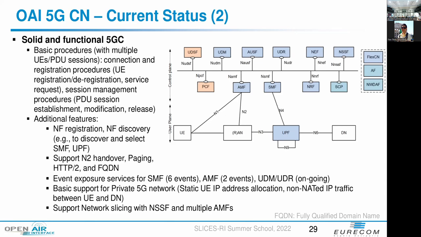feature that I want to highlight here is event exposure, which is very important, because by exposing the services of the network function, the third-party application can get the information in real time, or the network condition or something like that, so that they can collect the monitoring information, and then after that process the monitoring information and apply some machine learning or something like that, and then, for example, can route the traffic according to the condition.